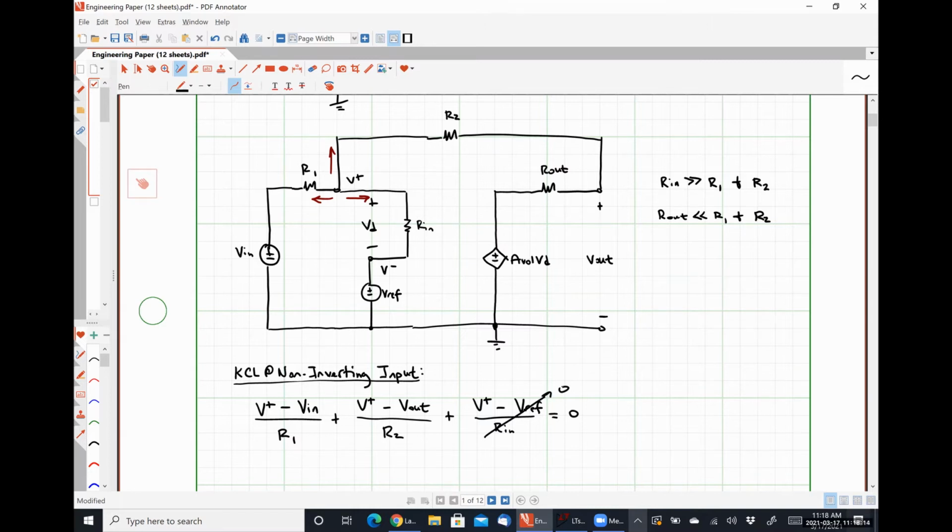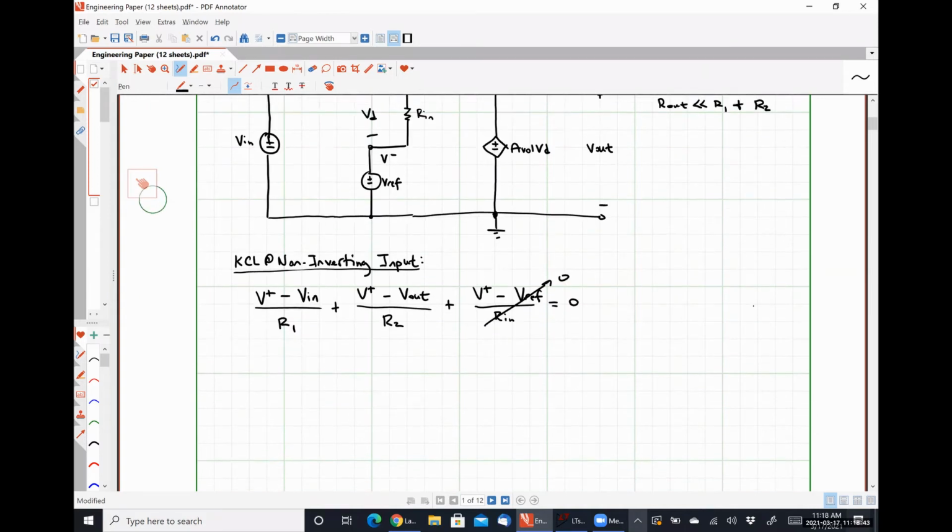If the current flowing through resistor Rin is effectively 0, that means that our voltage present at our non-inverting input terminal is the same as the voltage present at our inverting input terminal, which means V plus is approximately equal to Vref. Okay?